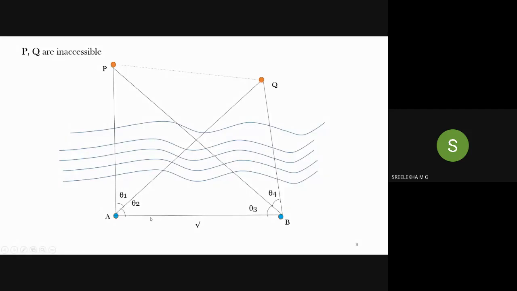PAQ, QAB, and BAP. It is an exterior angle. Although the third angle is very large, you can distribute the error accordingly. All three angles are there. If there is an error, you just take the average divided by 3. That will be the error to be distributed to each of your angles.